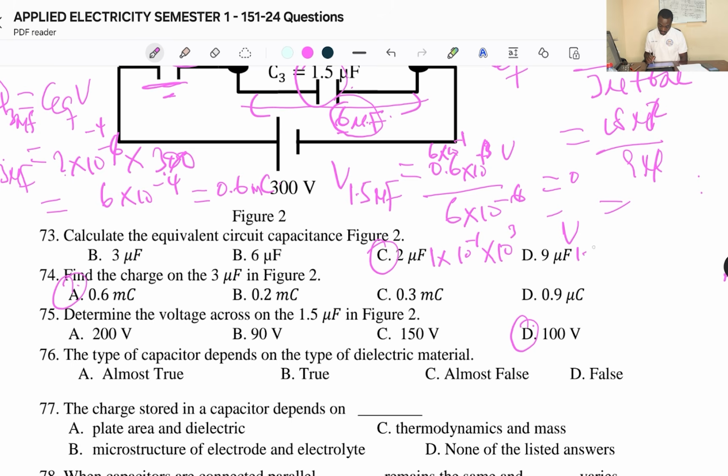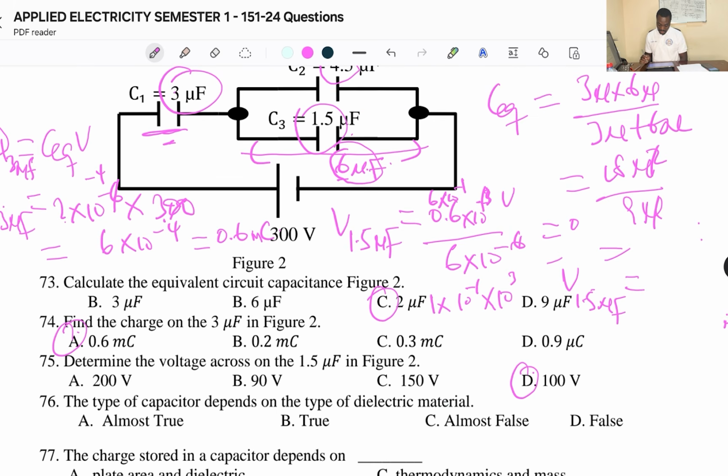The voltage across it will be equal to the equivalent capacitance, which was 2 micro, so 2 times 10 to the power minus 6, over what we are interested in, which is the 6 microfarad capacitance, 6 times 10 to the power minus 6, times what? 300, the voltage supply.